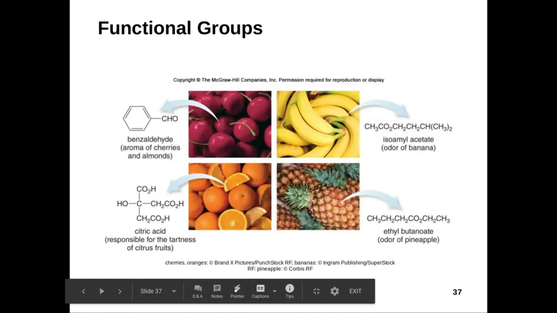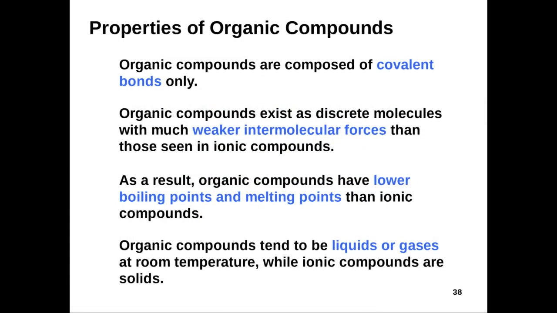So fun stuff. Now, organic compounds, and you might have picked up on this because I haven't shown any ionic compounds or any other types of bonds, are only composed of covalent bonds. That's a nice feature of organic molecules. They have, relatively speaking, weaker intermolecular forces, so they don't have a lot of reactivity within themselves like an ionic compound would.